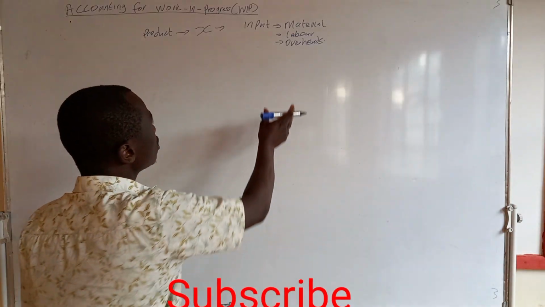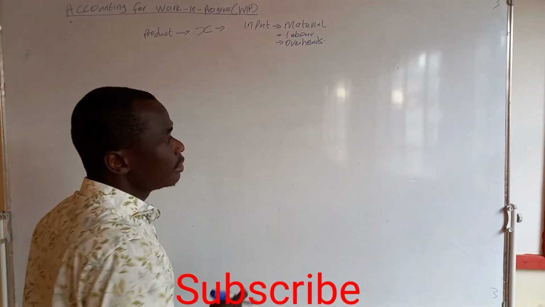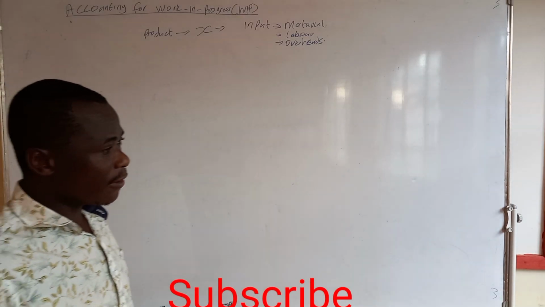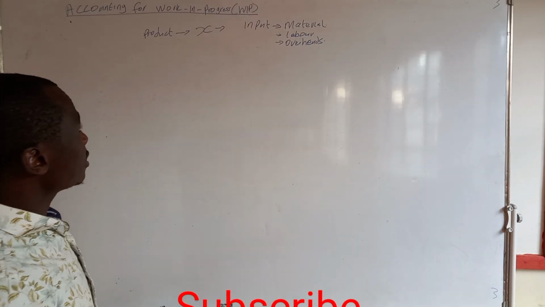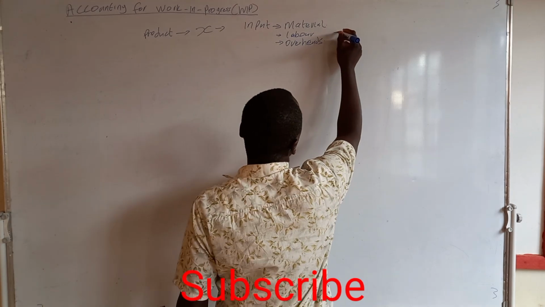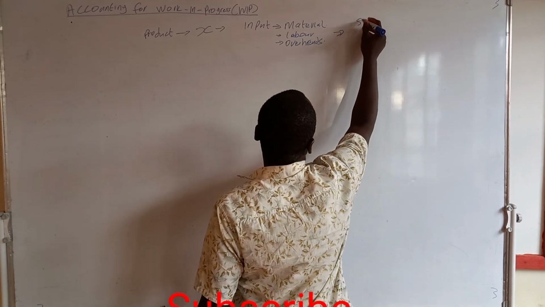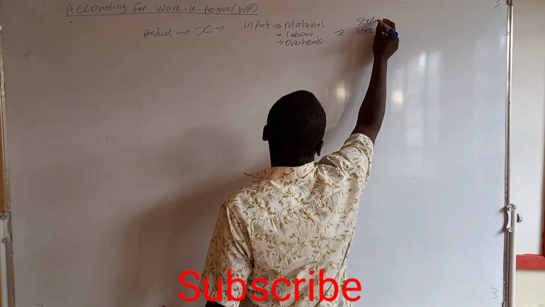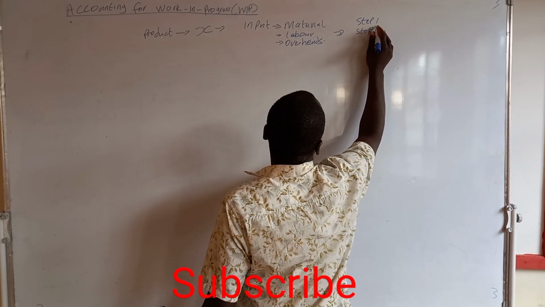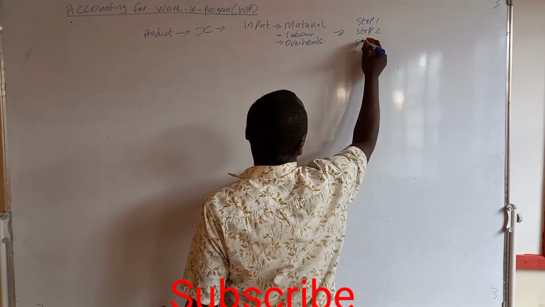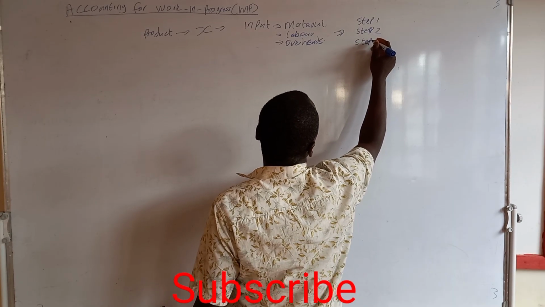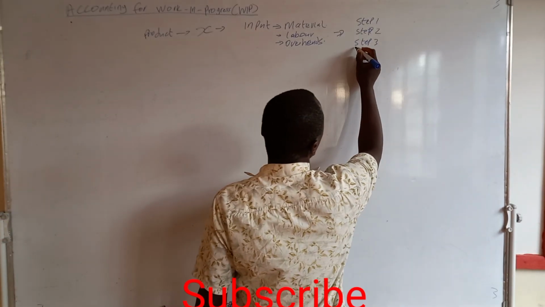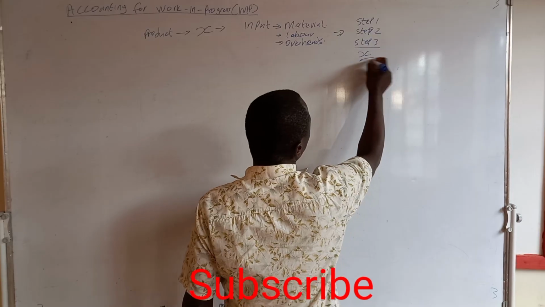Now this is what goes into producing X. Now, this product X goes through some steps: step 1, step 2, and step 3, for us to get product X.